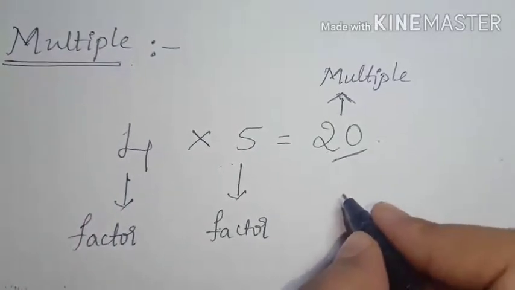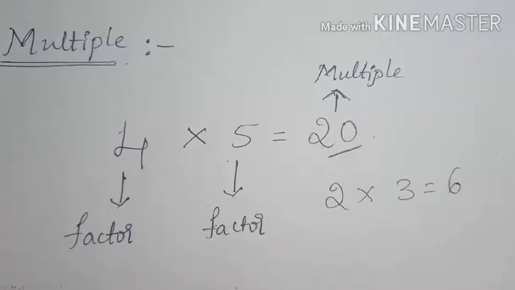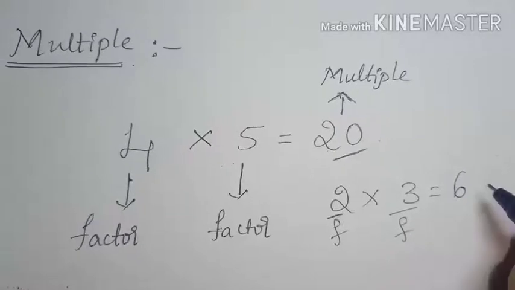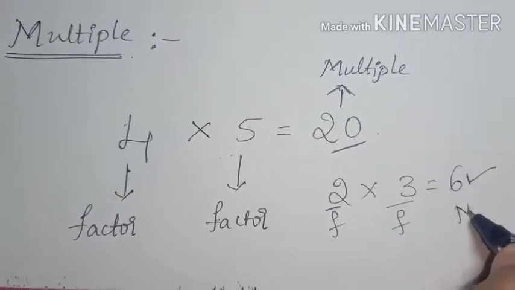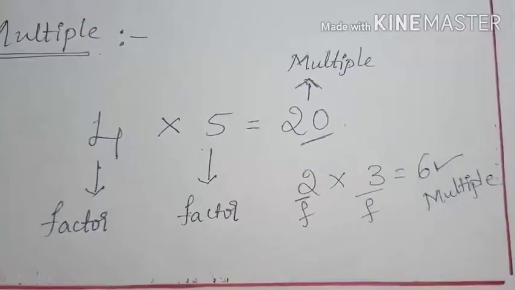Let me consider one more example. 2 3s are 6. So 2 is a factor, 3 is a factor, and 6 is the multiple.